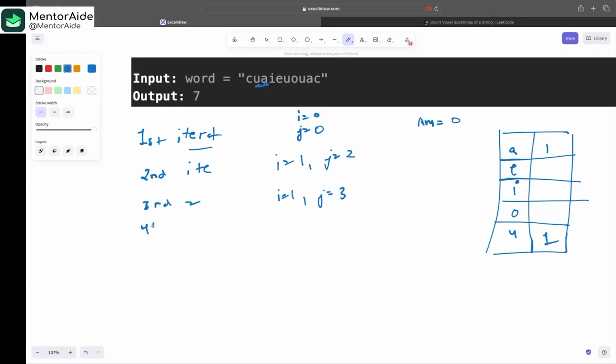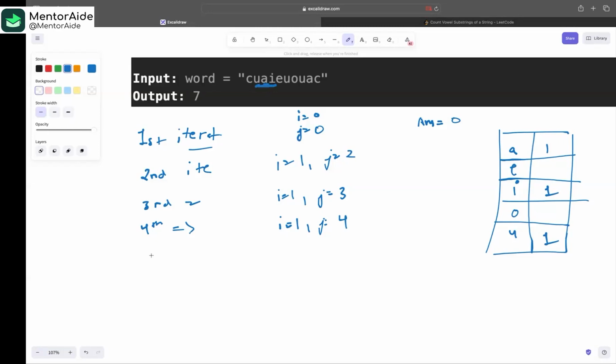Fourth one. What should happen now? The I is also a vowel. We increment the count, and still we have not got all the vowels, so we'll just move J. This is our current window.